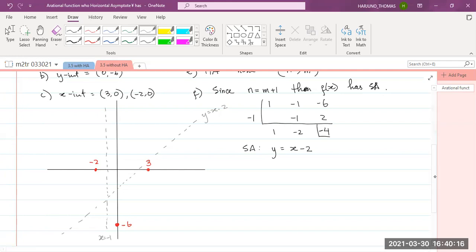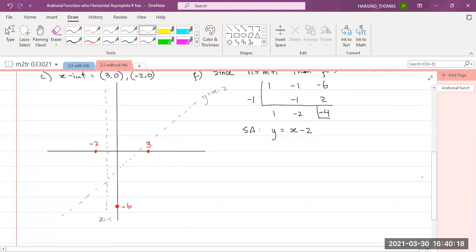Now just like a horizontal asymptote, a slant asymptote is basically a horizontal asymptote that you slant. So you will see the graph later on here will look something like this.